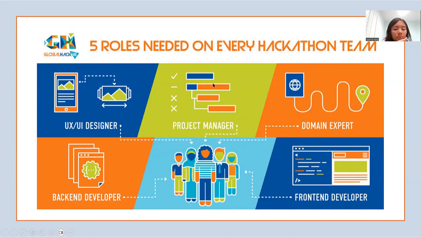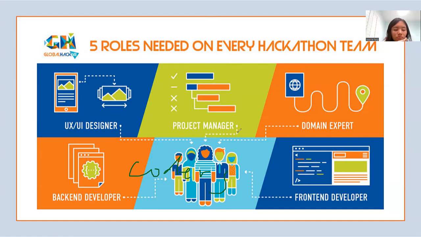And then sometimes in your hackathon team, you may have a project manager, one domain expert, one UI designer, two front-end and back-end developers. Front-end and back-end developers are the ones who do coding. For example, if you have a website doing health insurance, then the domain expert is the insurance expert.